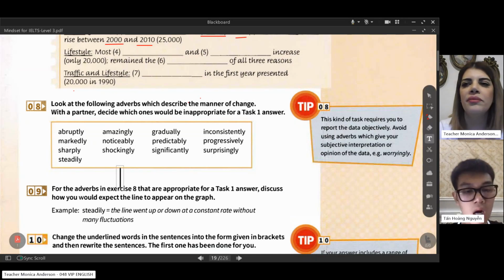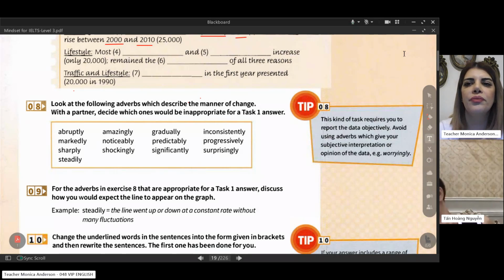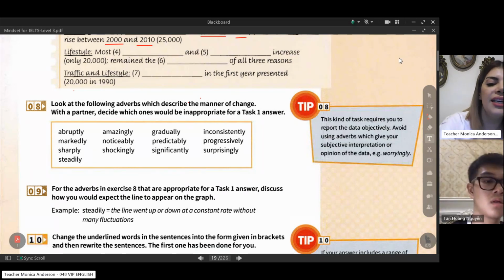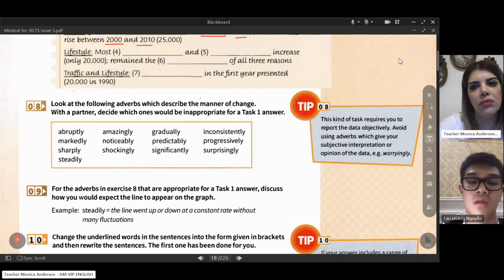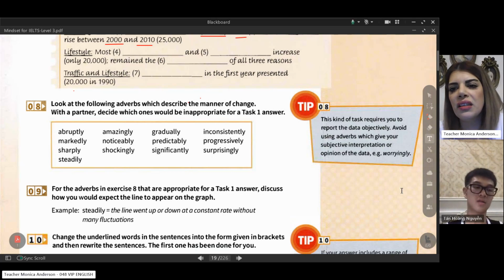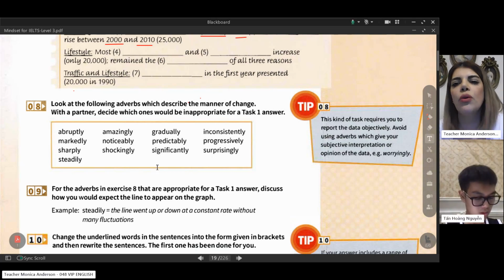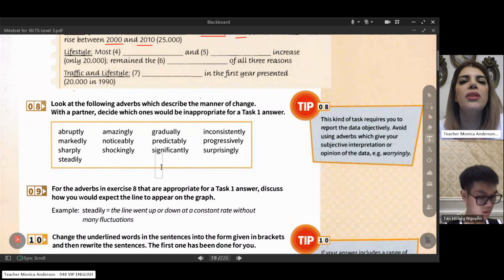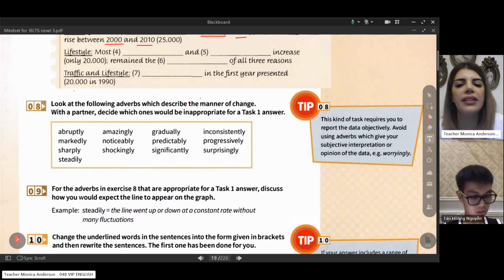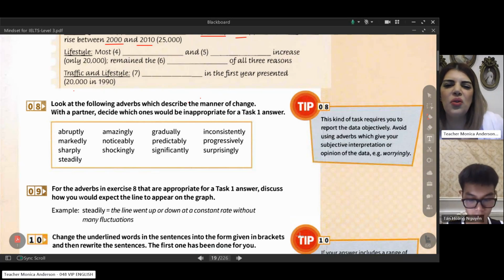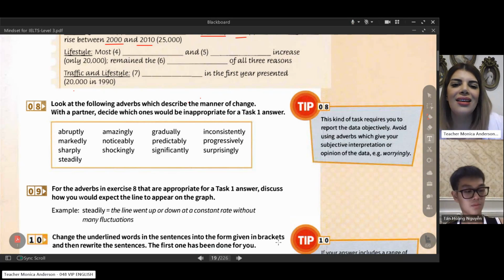Markedly, okay, yes. And do you know the meaning of it? No. Okay, so noticeably means markedly. But we don't normally use it. Yes, you're right.